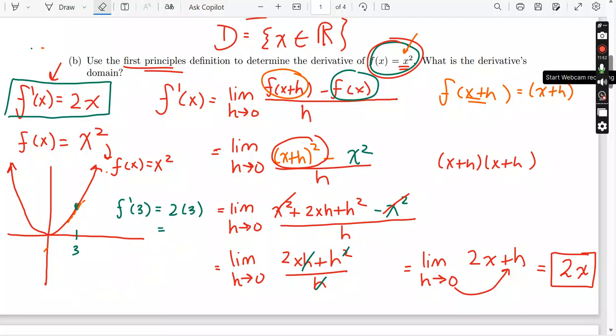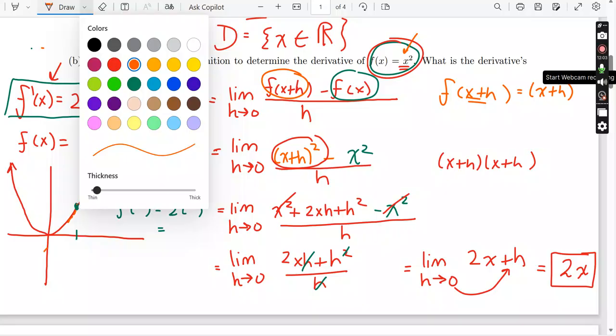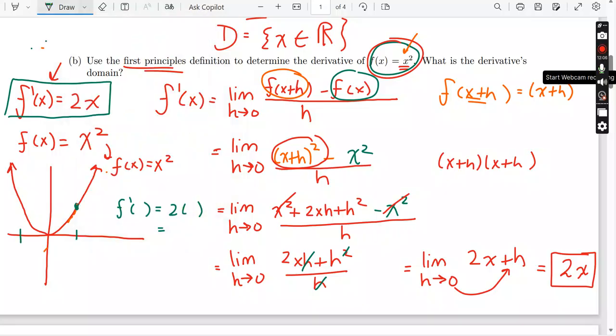For example, let's say I wanted to find the instantaneous rate of change, or in other words, the slope of the tangent, which mean the same thing, at, let's say, -2. I want to find the slope of that green line, the instantaneous rate of change at exactly -2. Well, subbing -2 into the derivative gives us -4. The slope of that green tangent will be -4.